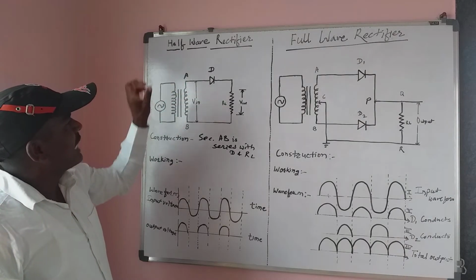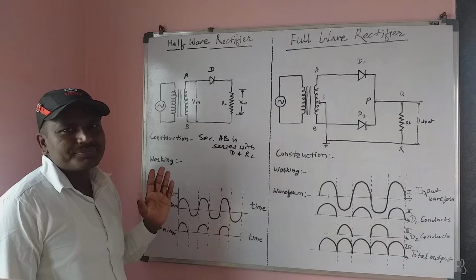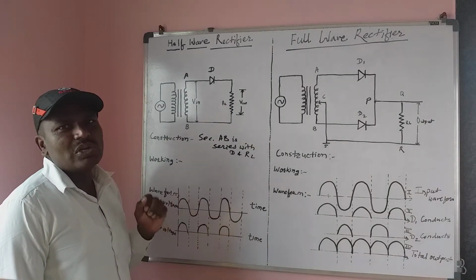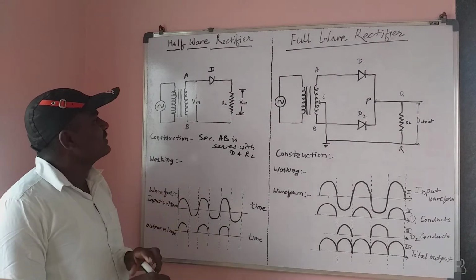When the diode is forward biased, current flows through the circuit and we get the output DC voltage across the load resistance. This is the first condition.